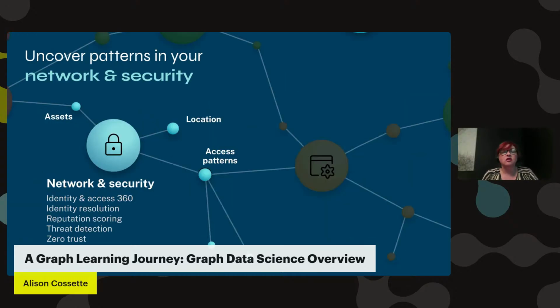Next we start to look at network and security, and these are always some of the most interesting ones for me. Identity access 360, identity resolution, reputation scoring, threat detection. There are two things about this that are really interesting to me. One is identity resolution, and what's interesting about it is that it's not even just in network and security.